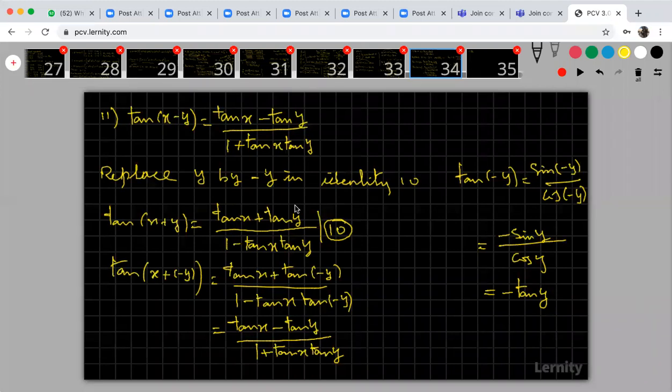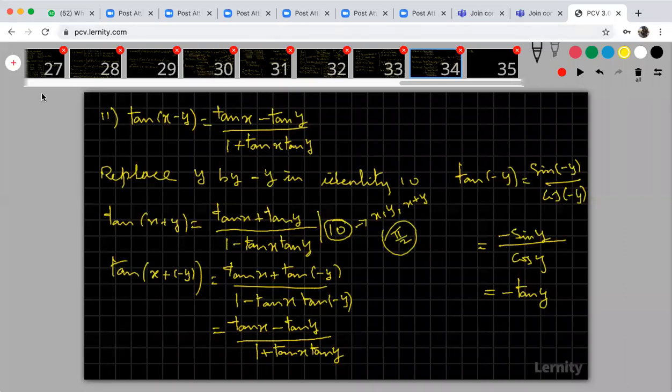If you are considering identity 10, you have to consider the condition also. What is the condition? None of x, y, x plus y are odd multiples of pi by 2, that is pi by 2, 3 pi by 2. The same condition applies here because we are using the 10th identity, so we have to follow the condition also. That is understood. Okay.